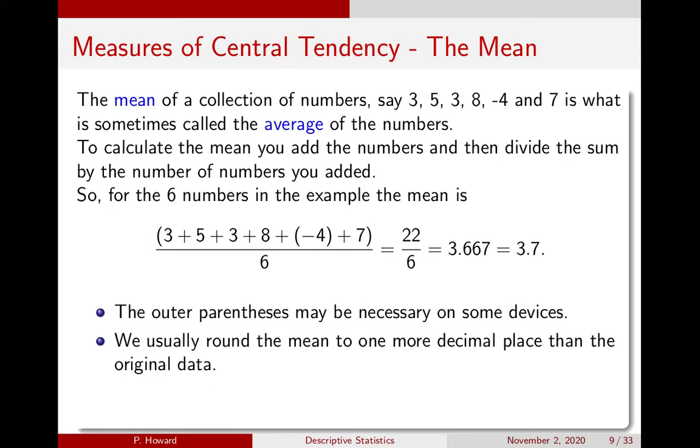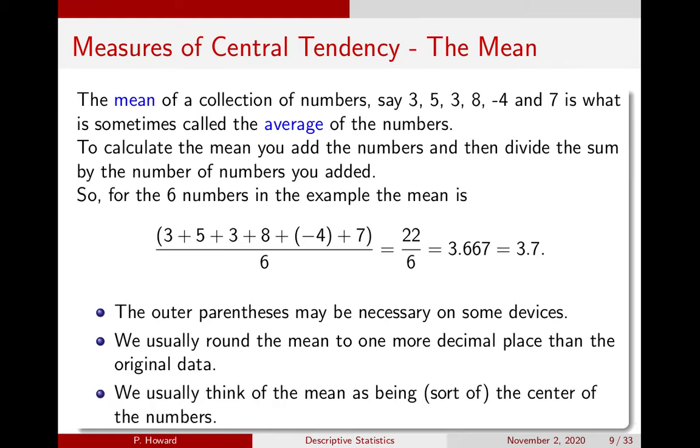Second thing to note here is that we usually round the mean to one more decimal place than the original data, as I've done when I rounded to 3.7 here. And finally, we usually think of the mean as being the center of the data, the center of the numbers that comprise the data set. So this is just one way of describing the center.